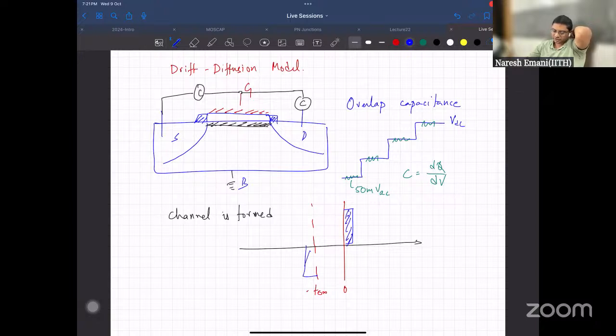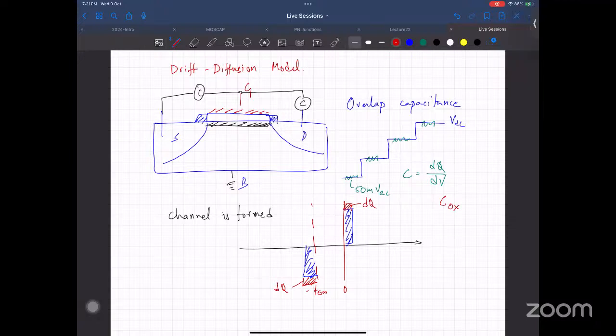Here, there's a minus, electrons accumulating at the interface. Now, if I change the voltage slightly, there's an additional plus delta Q and minus delta Q, forming just across the gate oxide only. So the capacitance is going to be the oxide capacitance, Cox, and that's what we are measuring.